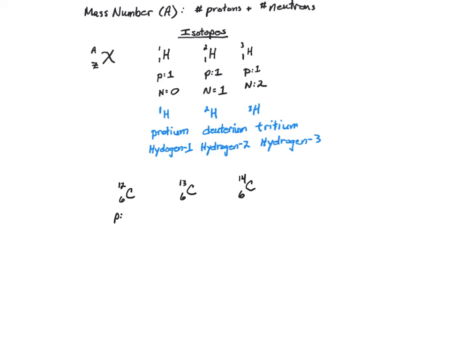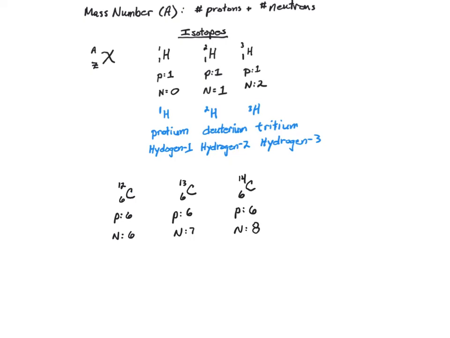In all 3 cases, the number of protons is the same, because that's what makes carbon carbon, the fact that it has 6 protons. Where they differ is in the number of neutrons. If we have a mass number of 12, there must be 6 neutrons. If we had a mass number of 13, there must be 7 neutrons. And if it's 14, you must have 8 neutrons.